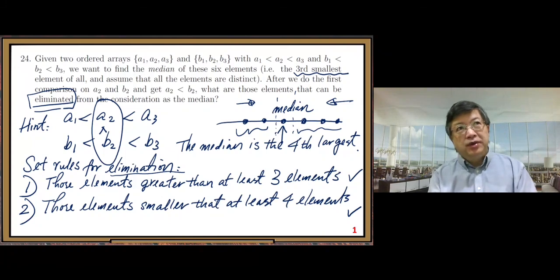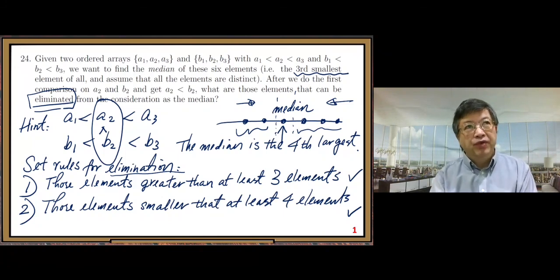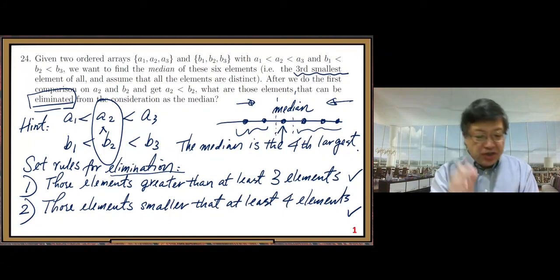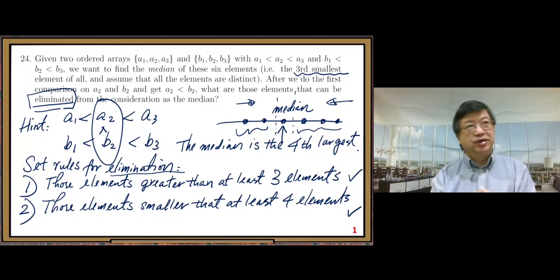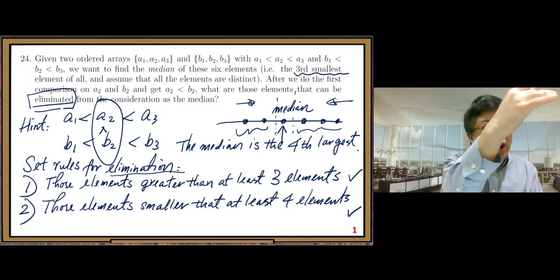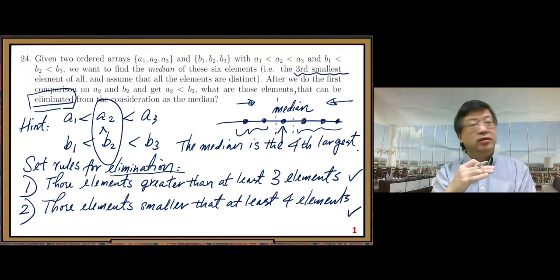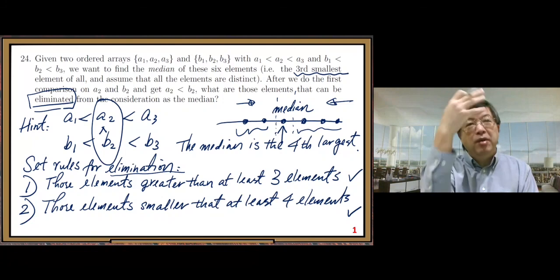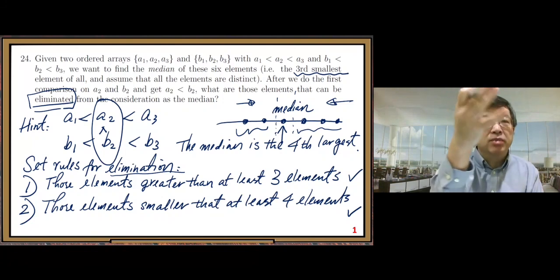I noticed some of the students working on this problem before just selected one of the 2 rules. They observed either rule number 1 or rule number 2, but not both, so they didn't eliminate the maximum number of possible elements.